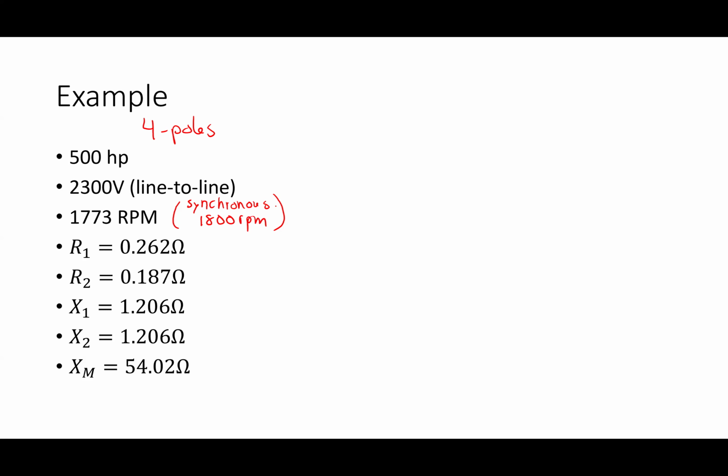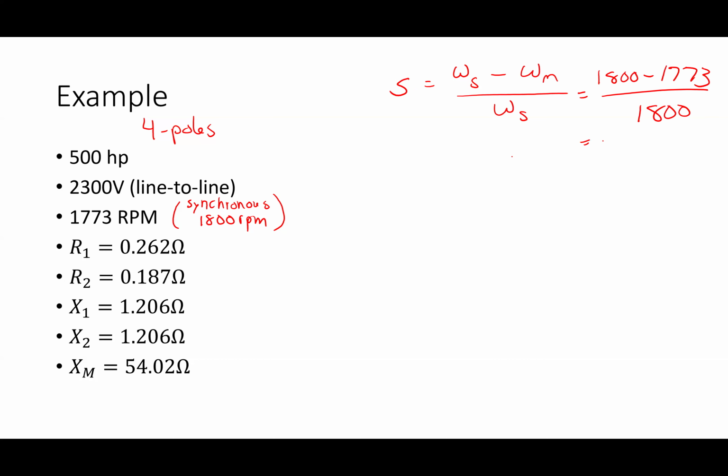So if I wanted to calculate the slip here, slip is basically synchronous minus the actual mechanical speed divided by synchronous. Now, I'm writing that in terms as it would be in radians per second, but obviously you could do it in RPMs, right? So the slip would be 1800 minus 1773 divided by 1800.